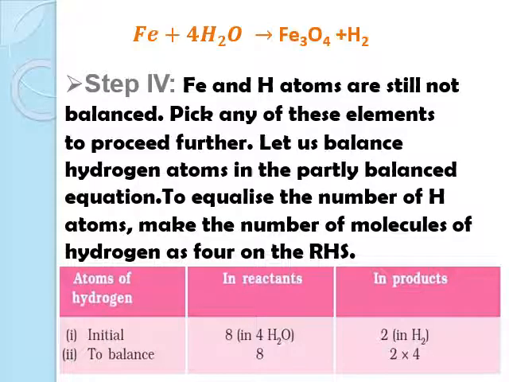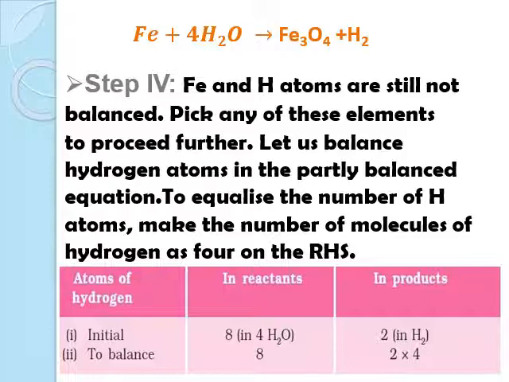Now after balancing oxygen, we will look at iron and hydrogen. Fe on the left hand side is 1 and on the right hand side it is 3. Hydrogen is 8 on the left hand side now and only 2 on the right hand side. So one by one we have to balance it.